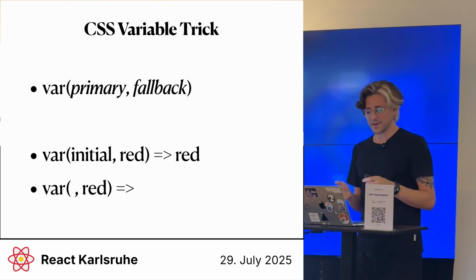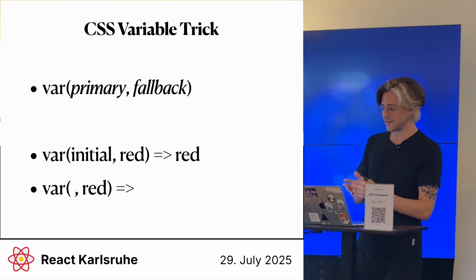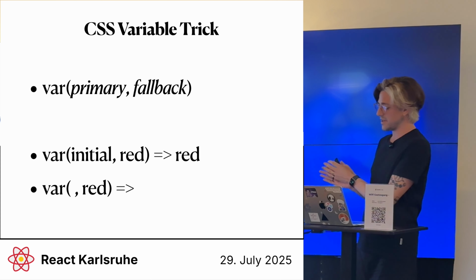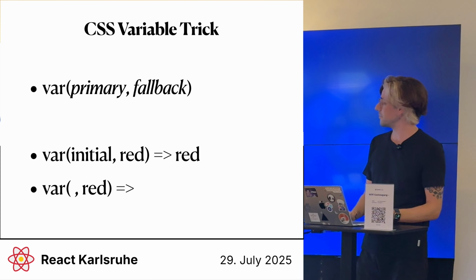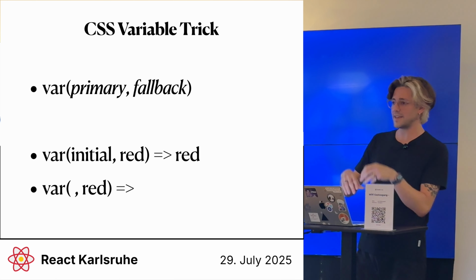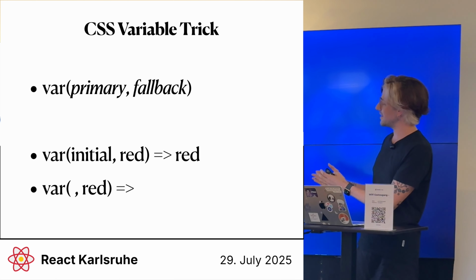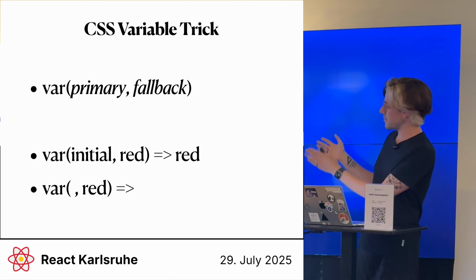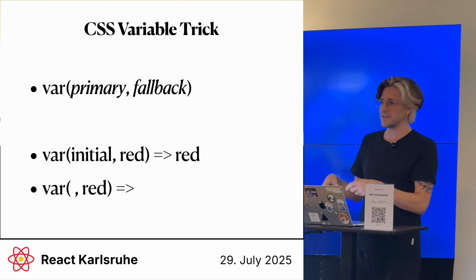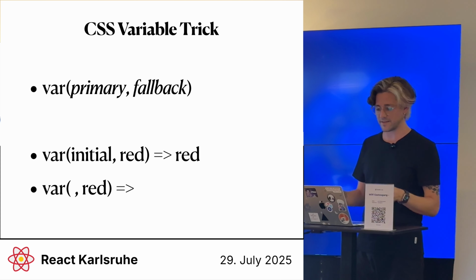And the second one: if it's an empty value, then the empty value will actually be used, because that one is a valid value, even though this empty value has no effect on the declaration in the end. This might look very weird, but we need to understand how this works to understand the trick that's going on.